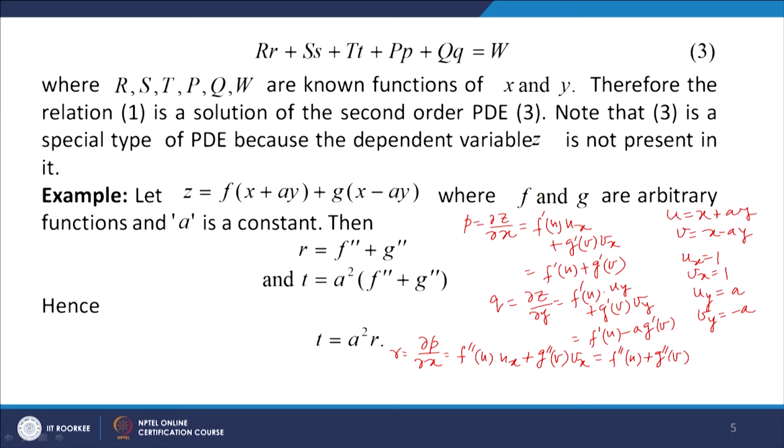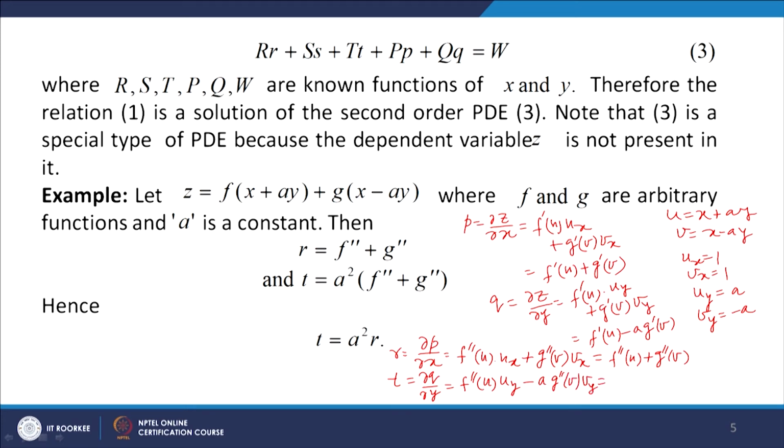So the partial derivative of p with respect to x is r, and t is the partial derivative of q with respect to y, and this is equal to f double dash u into uy minus a times g double dash b into by.